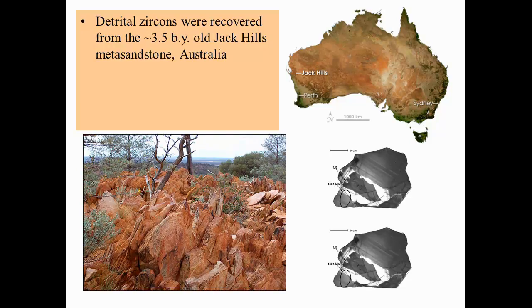Now, here's an interesting case, however, where the mineral age can provide important information within a sedimentary rock. As an example, in Western Australia, there's a location called the Jack Hills, where we find meta-sandstone, meta-sedimentary rocks that give an age of about 3.5 billion years old.